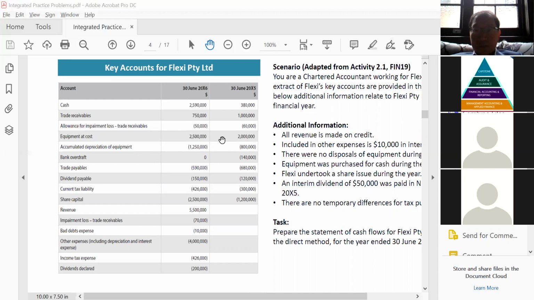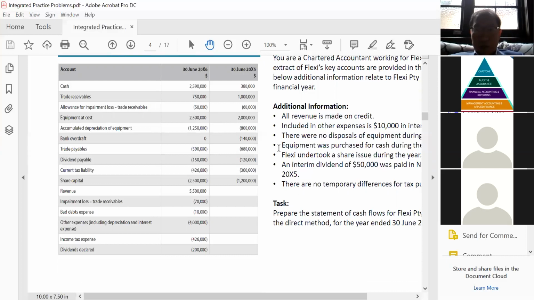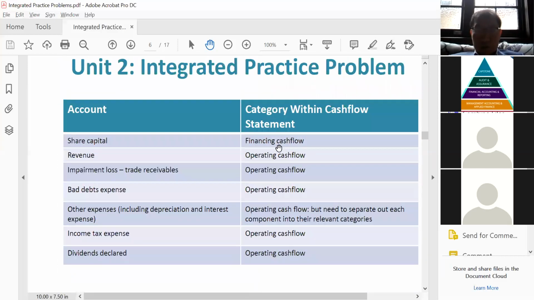This increase clearly demonstrates the additional equipment that has been purchased. And so that is how, in this exercise, we need to link all of the information together.